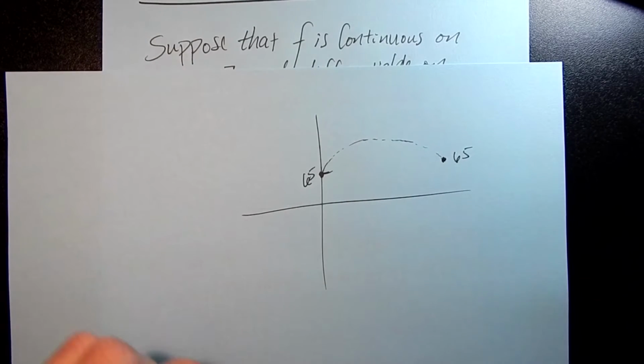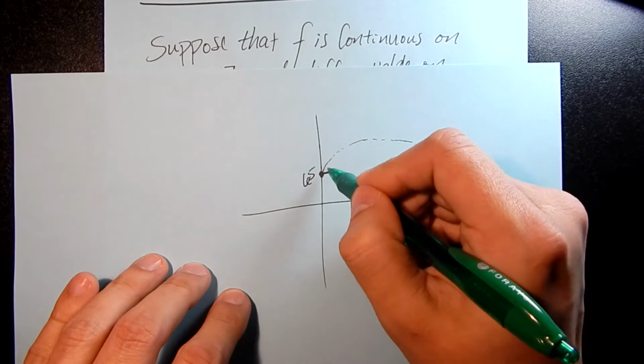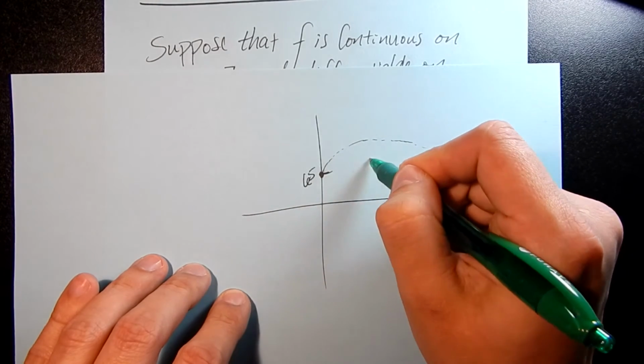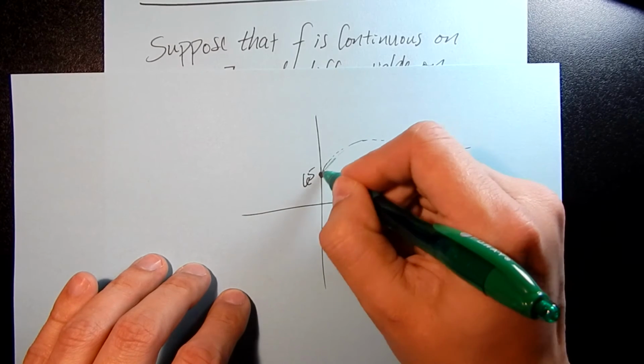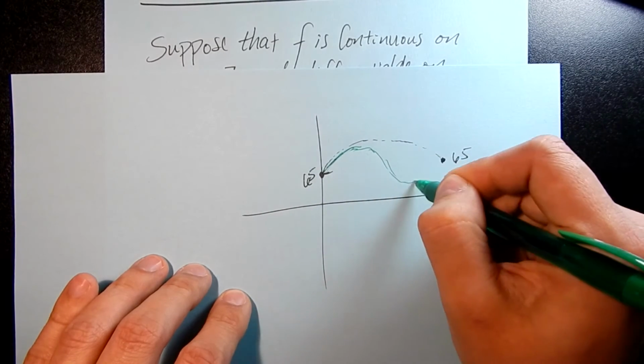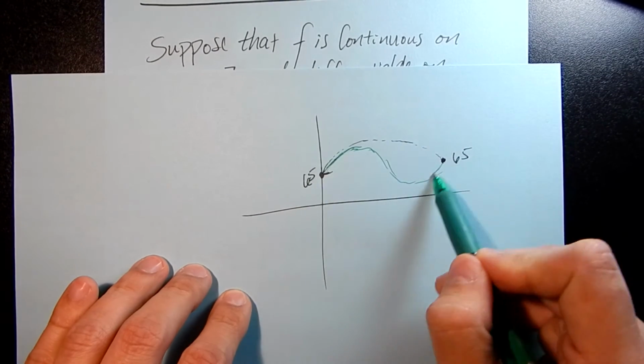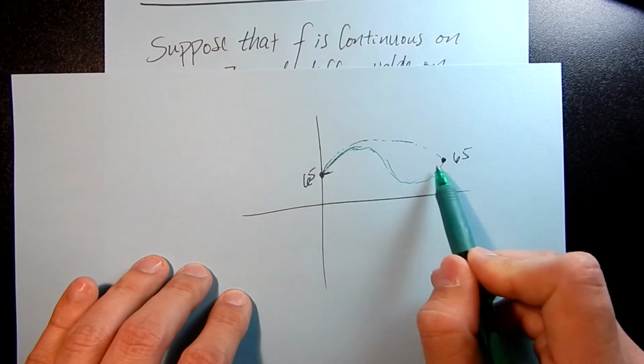So let's say our rate of travel does something like this. Like we go maybe a little bit faster. This green's having trouble drawing on here. So we go a little bit faster, and then maybe we go a little bit slower, and then maybe we come back up to here, right? So if I were to average these out, it would probably be about 65.